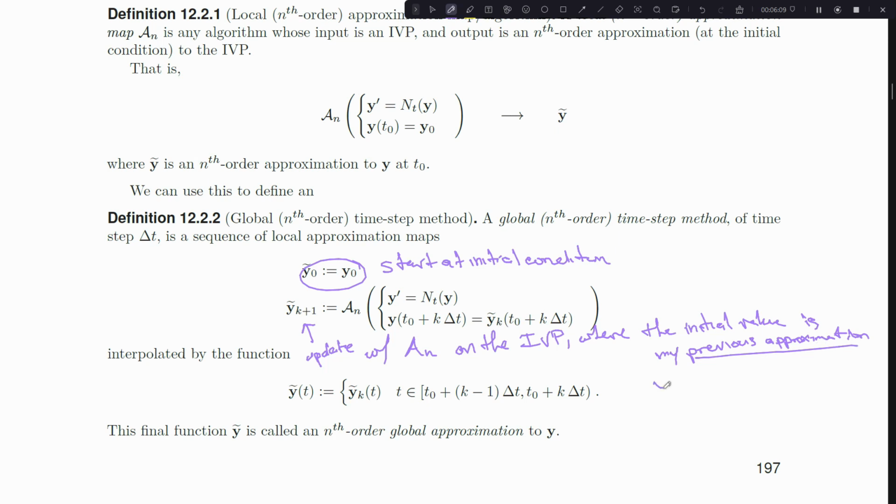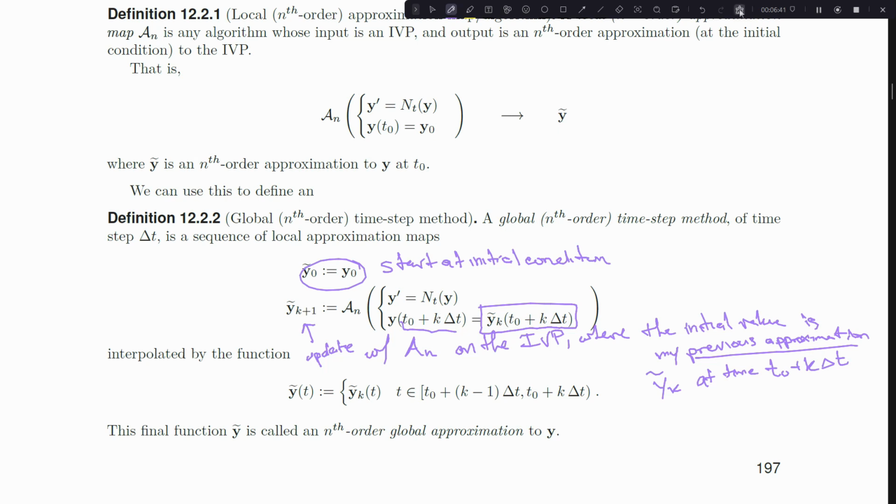So my previous approximation, in this case, y sub k. So that's the initial value at time my initial time plus however many delta t time steps I've managed to take. And so that's what we can see here, right? So y sub k at the specific time of moving forward k time steps from my beginning.